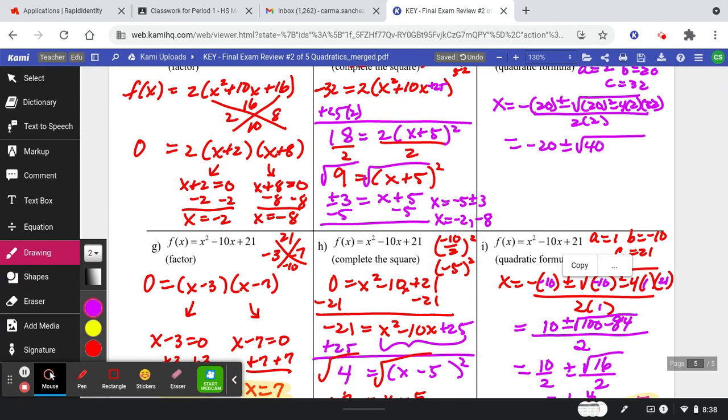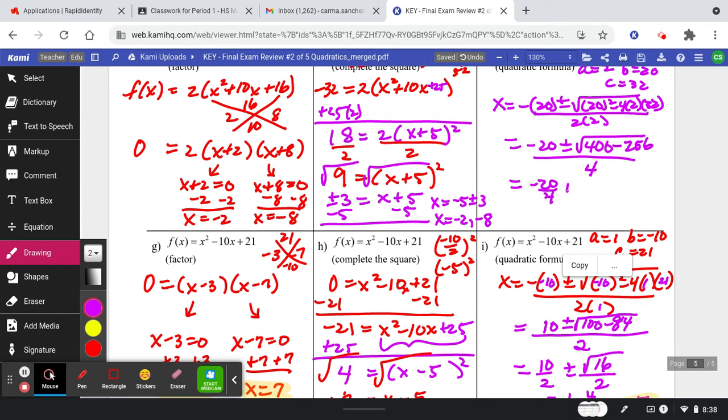So that's going to be 400 minus 8 times 32. That's going to be a big number. 8 times 32. 400 minus 256 all over 4.